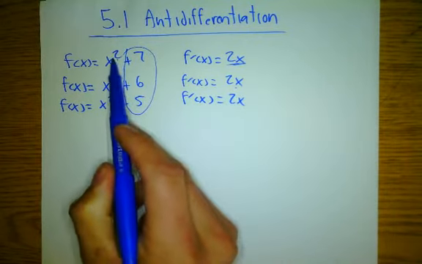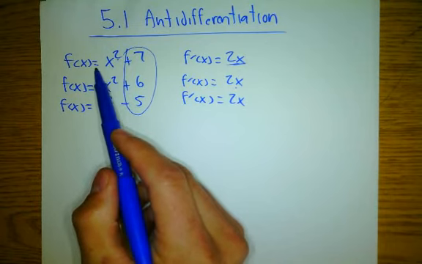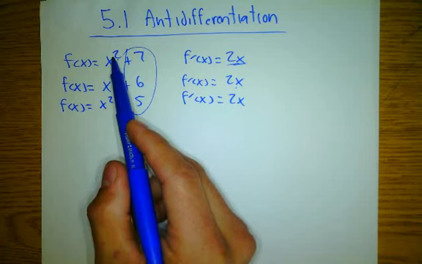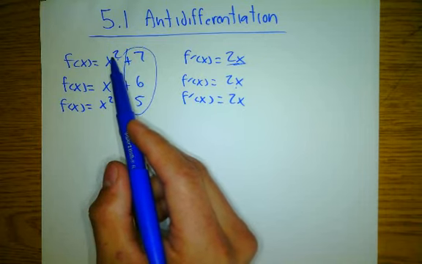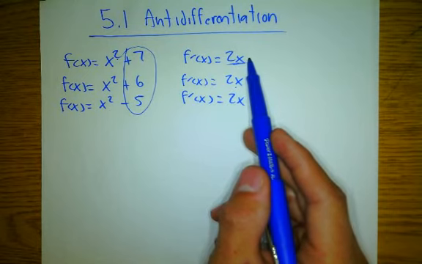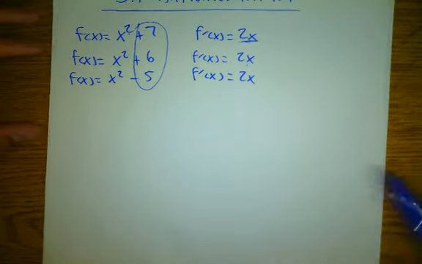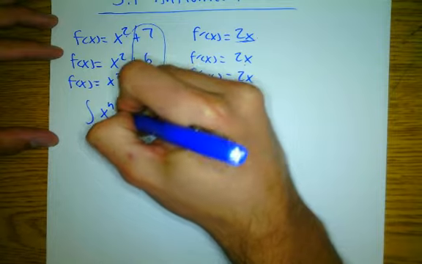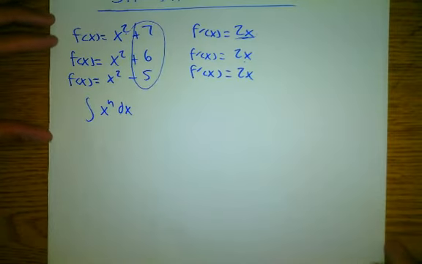Okay, bless you. First, on this one, you took the 2 when you multiply, right? Then you subtract it by 1. Well, do that process but backwards. Here, you're going to add 1 and divide by whatever number that is. So let's pretend that you have the integral of x to the n dx. Cool?